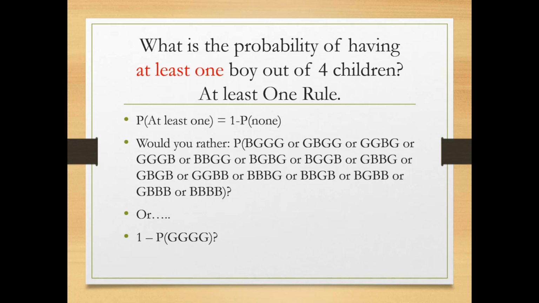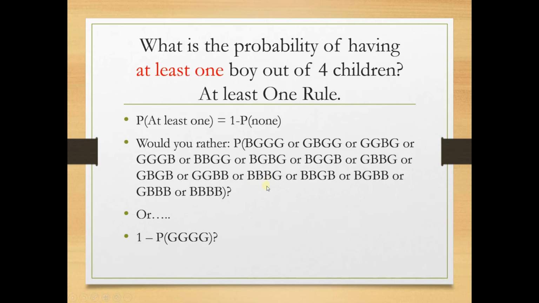Okay, would you rather just figure out all the individual probabilities? Here's a boy on the first, or the second, or the third, or the fourth, or 2 boys, first and second, and then 2 girls, and then first and third, first and fourth, or third and fourth, or second and fourth, or 3 boys.